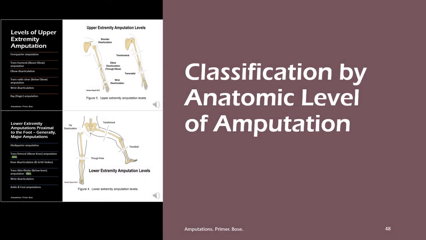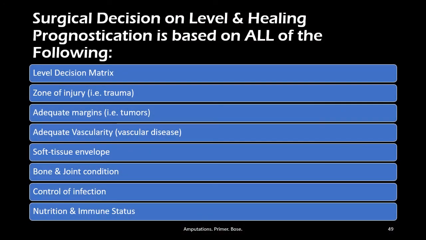Amputations can of course be classified by the anatomic level of surgery. This is often the common way of referring to these amputations. The determinant of the level of amputation and the prognosis for healing are based on all of the following decision matrices. Stop the presentation and take a good look at these.